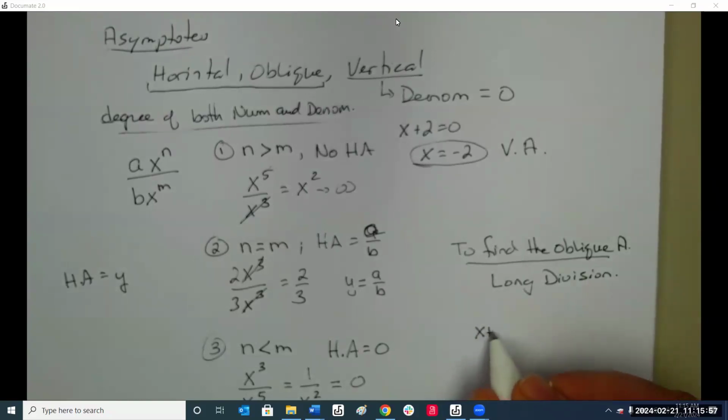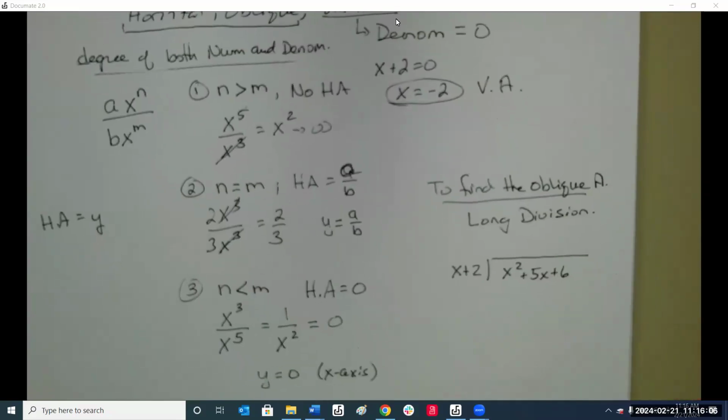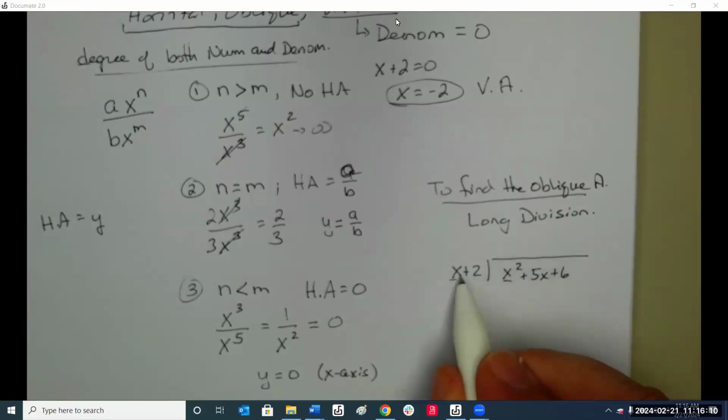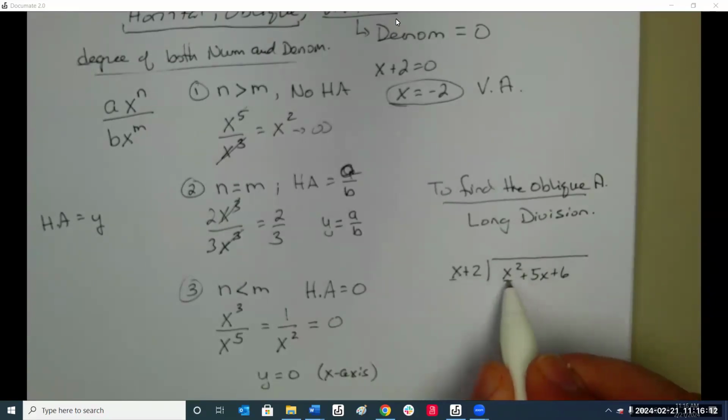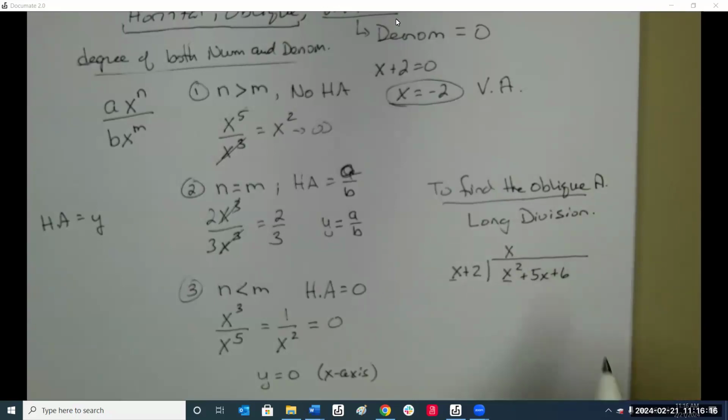So in our case, we have x plus 2 dividing x squared plus 5x plus 6. Look at the leading terms. What times x gives me x squared? x.